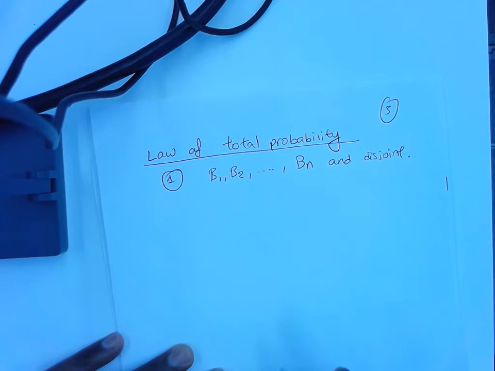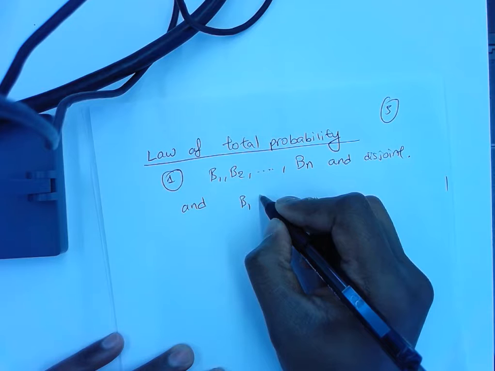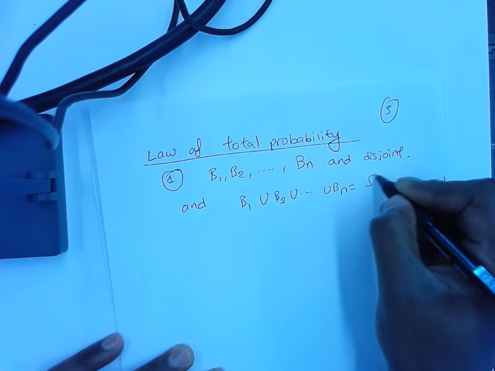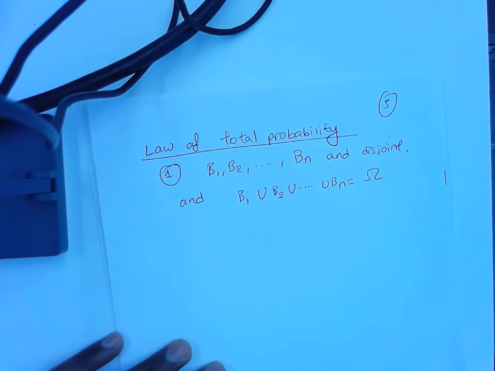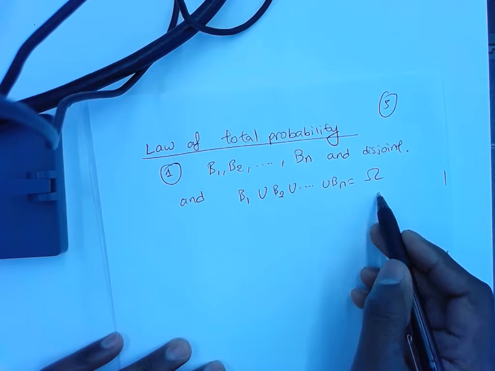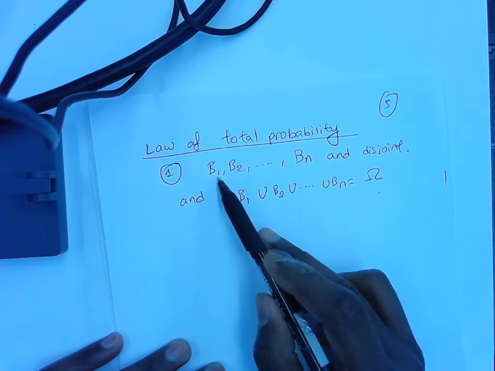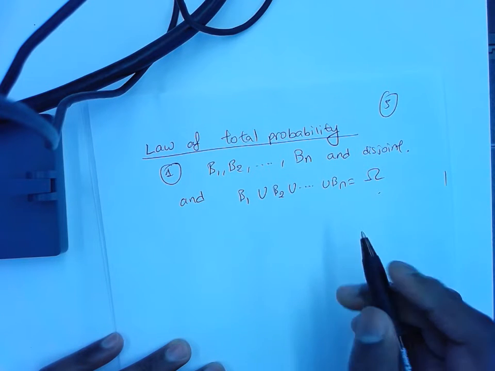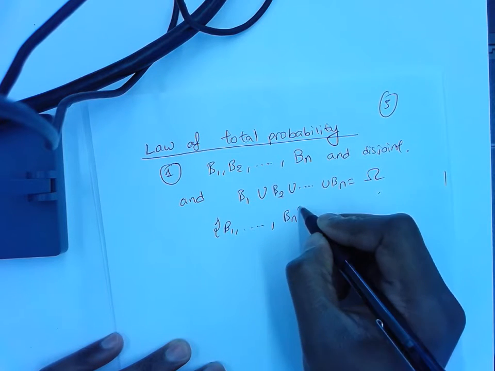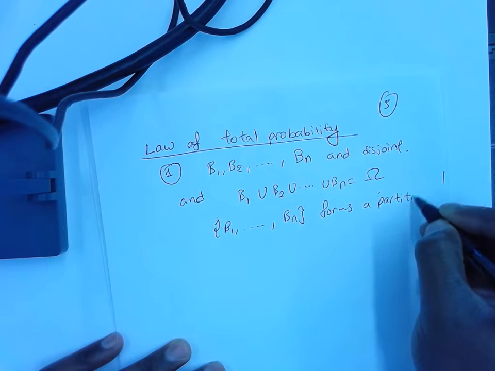And B1 union B2 union so on up till Bn is equal to omega. So you put together all of them, you'll get the entire set. Such a division of omega into subsets is called a partition. So we say the set B1 so on up till Bn forms a partition of omega.